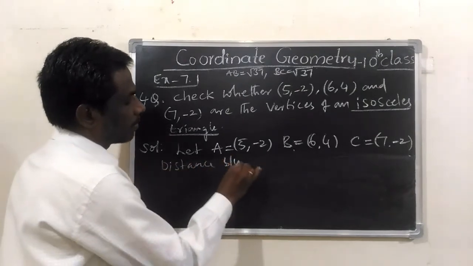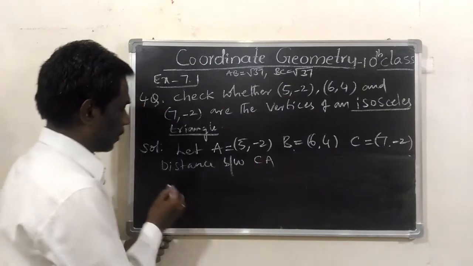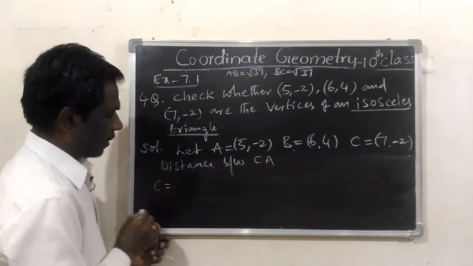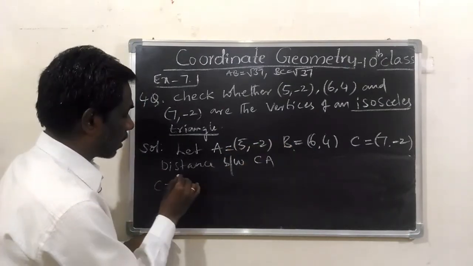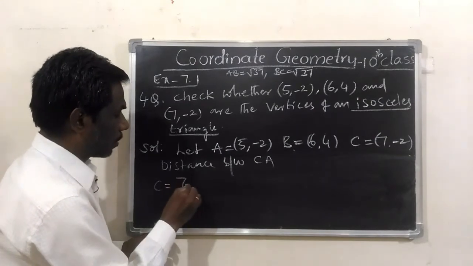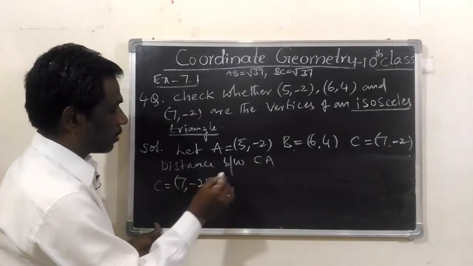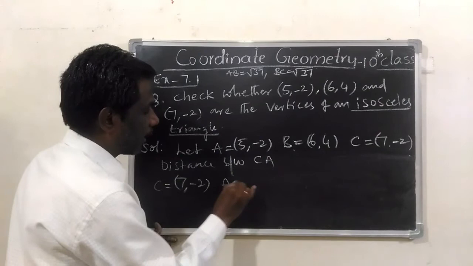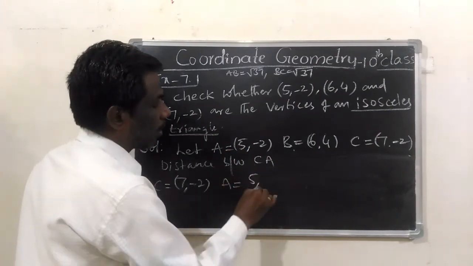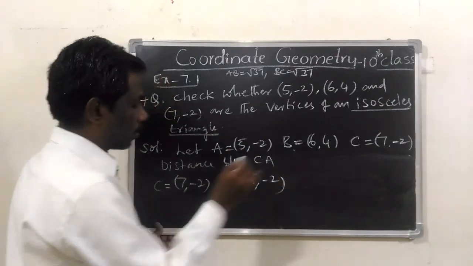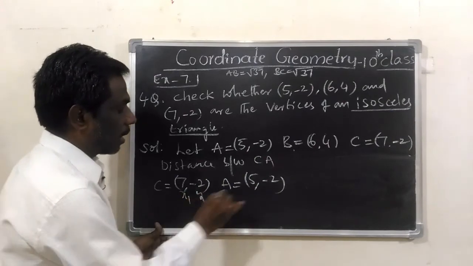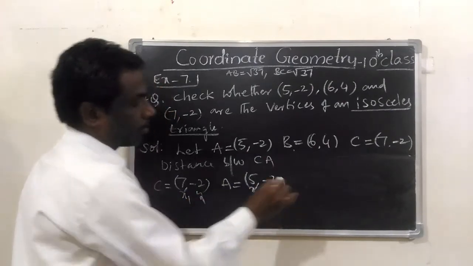Distance between CA. C is (7, -2) and A is (5, -2). Let this be (x1, y1) and this be (x2, y2).